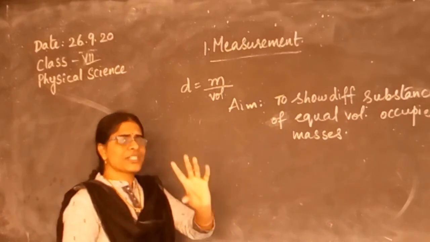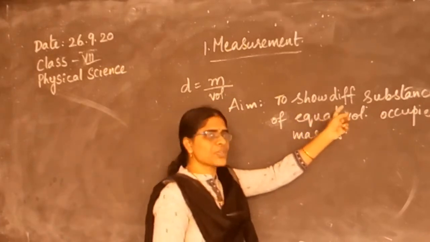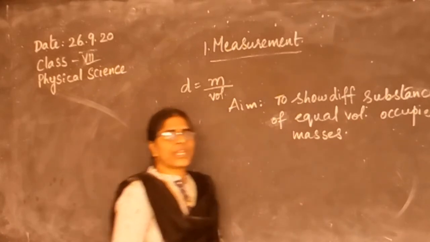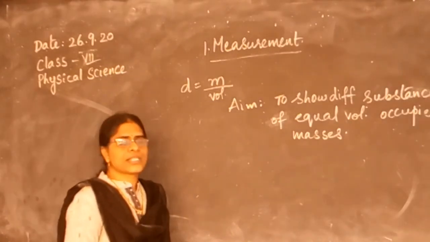But they all must be of the same volume. Different substances, equal volumes. Now we need to find out whether they occupy different masses.